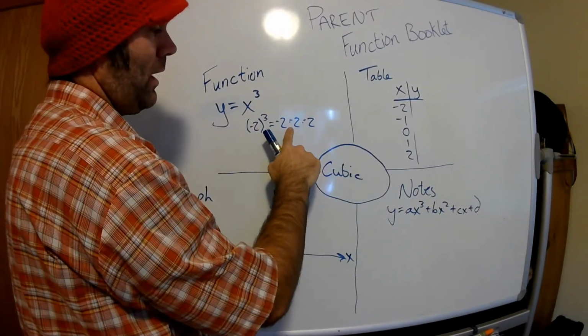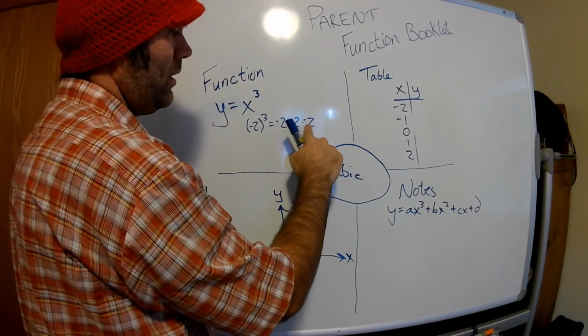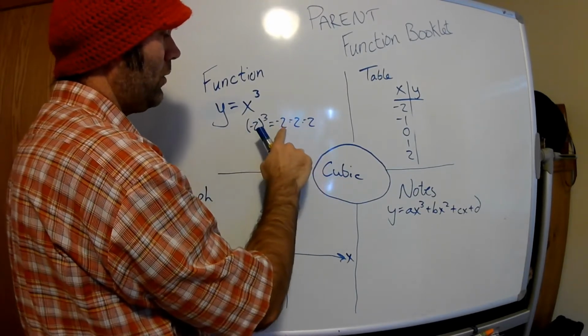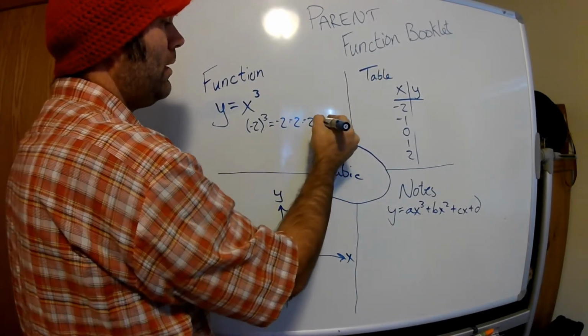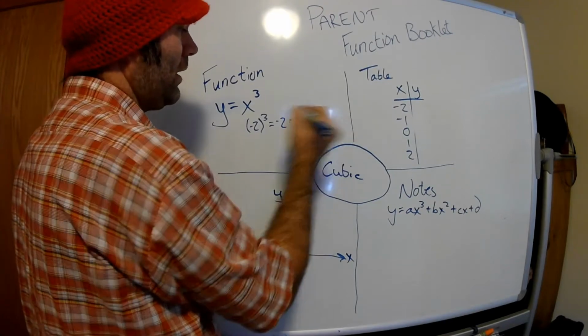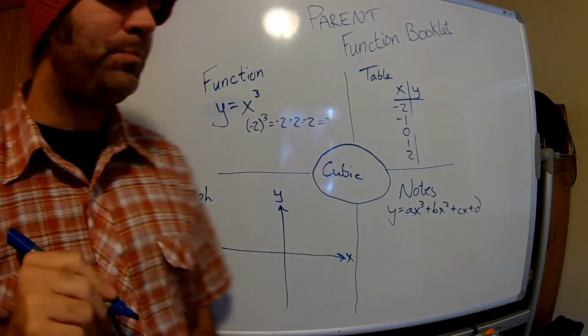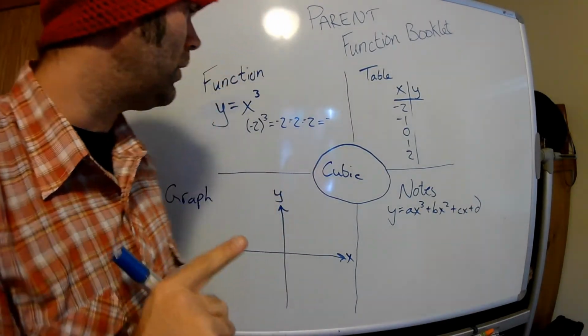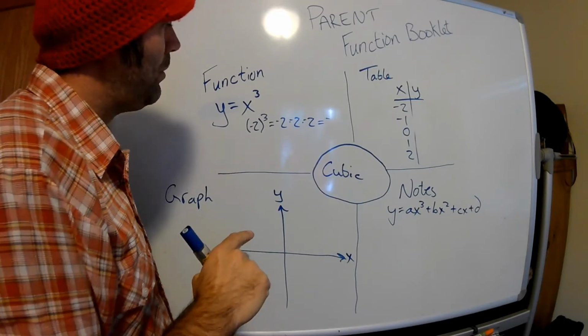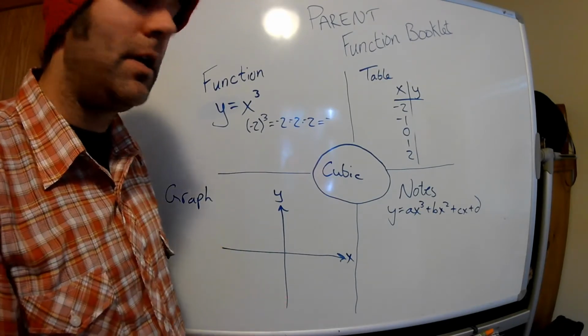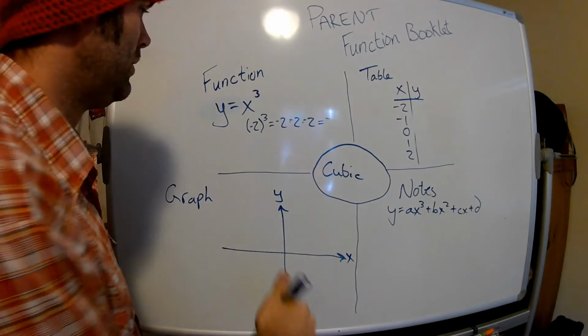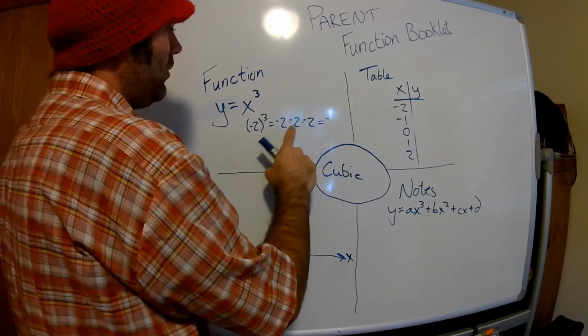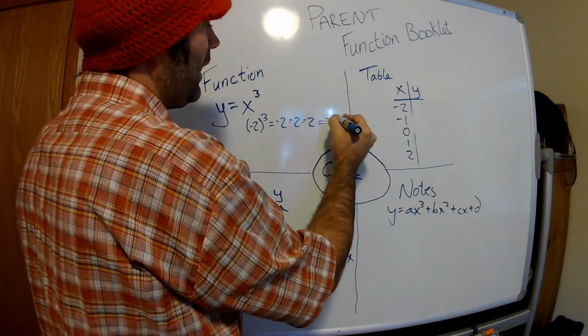This is a multiply on -2 times another -2. So we've got 3 negatives makes a negative. This is important to remember: an even number of negatives will make a positive. An odd number of negatives makes a negative. So we get a negative, and then 2 times 2 is 4, times 2 is 8.